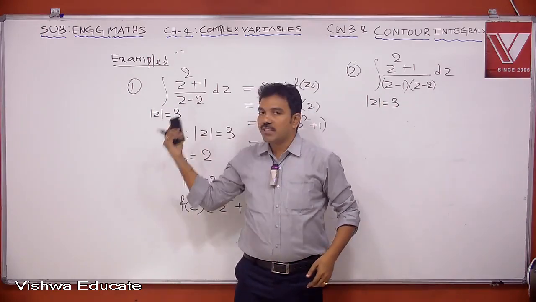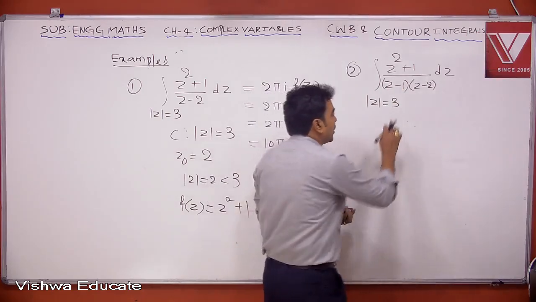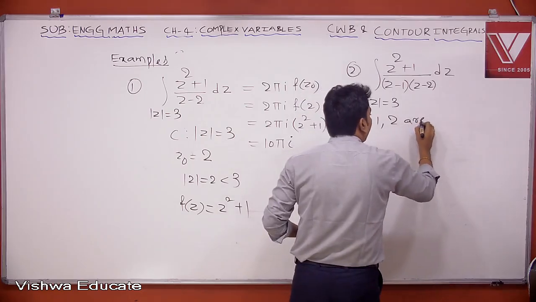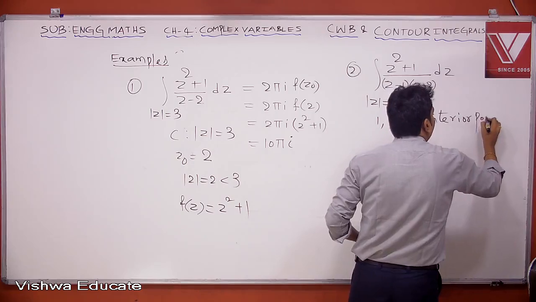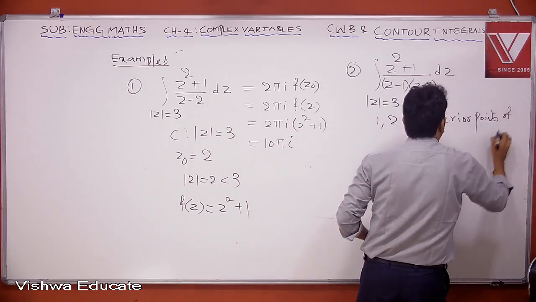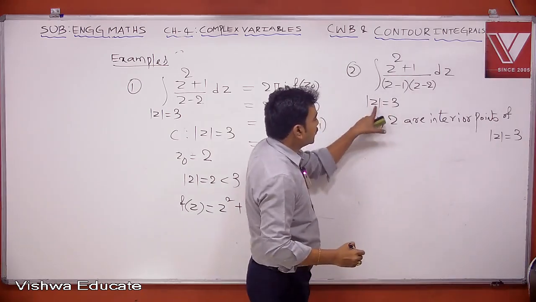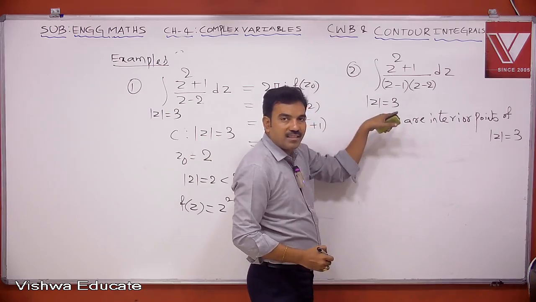Here the denominator was z minus 2, but extra I have taken z minus 1. So here z0s are 1 and 2, both belong to this circle. 1, 2 are interior points of the circle mod z equal to 3. So mod 1 is 1, 1 less than 3. Mod 2 equal to 2, 2 less than 3. Both lie inside the circle.